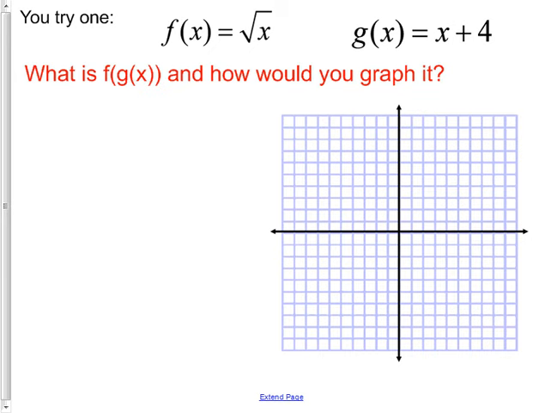Put the one function in the other function, and tell me what function you get, and then graph that function. G's on the inside, so this one is going to go into that one.